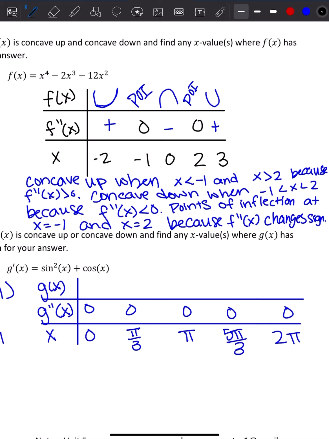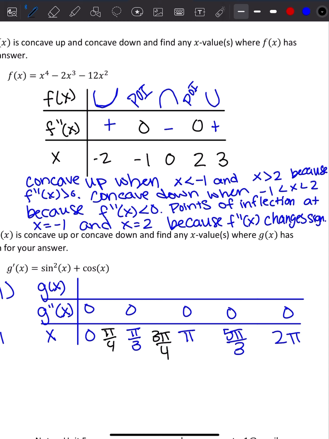I'm going to go with pi over 4. The reason why is because pi over 4 is the same for sine and cosine, so it might just make it a little easier. In between pi over 3 and pi, we have 3 pi over 4 that I can use. Same kind of deal.